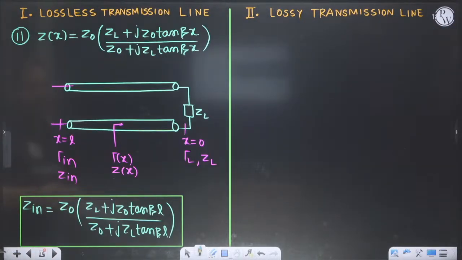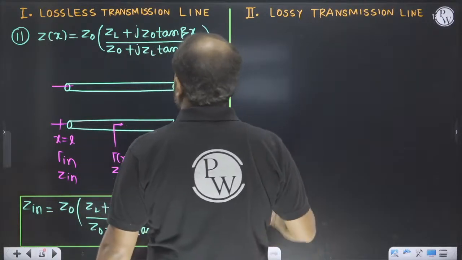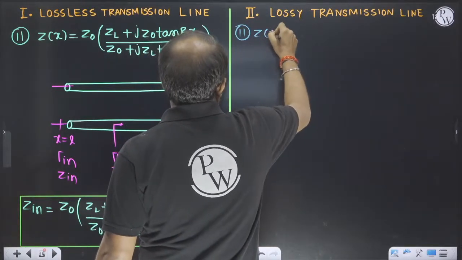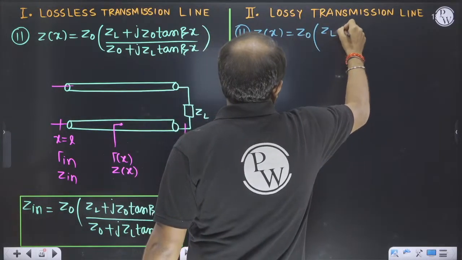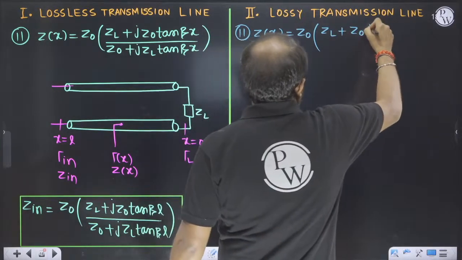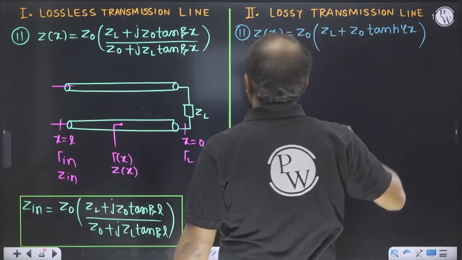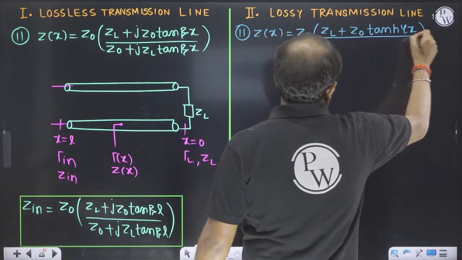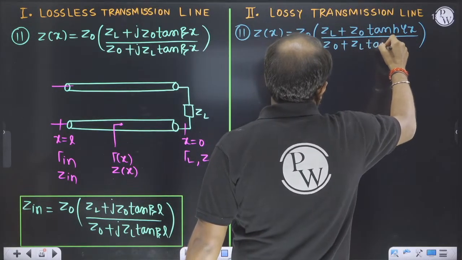Okay, then the 11th point. Zx is equal to Z0 (ZL plus Z0 tanh gamma x) divided by (Z0 plus ZL tanh gamma x).